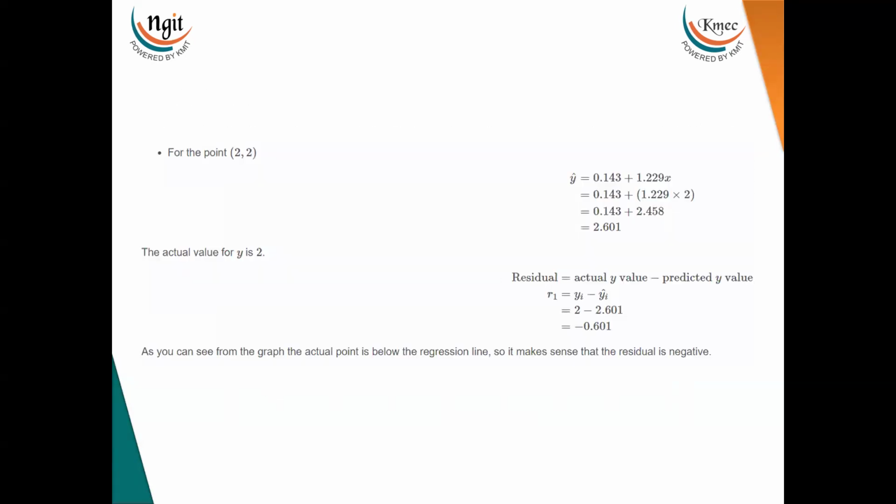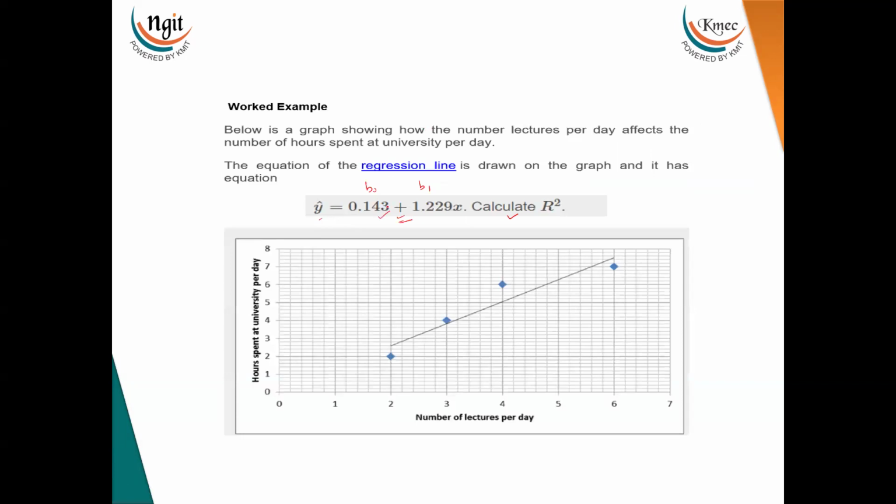Now, see here, in this particular graph, one point is 2, 2. One is 3, 4. One is 4, 6, and the other one is 6, 7. I already told you in the earlier classes that data points below the regression line show a negative sign, and data points above the regression line show a positive sign.